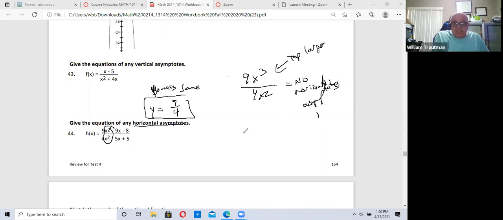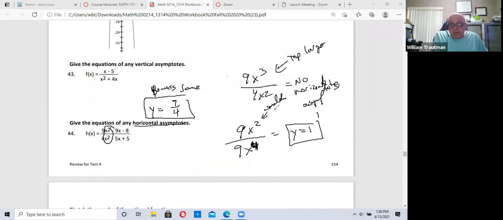Next, if the power on top is smaller, let's say the top is 2 and the bottom power is 4, the horizontal asymptote is always y equals 0. You've got to have those three.